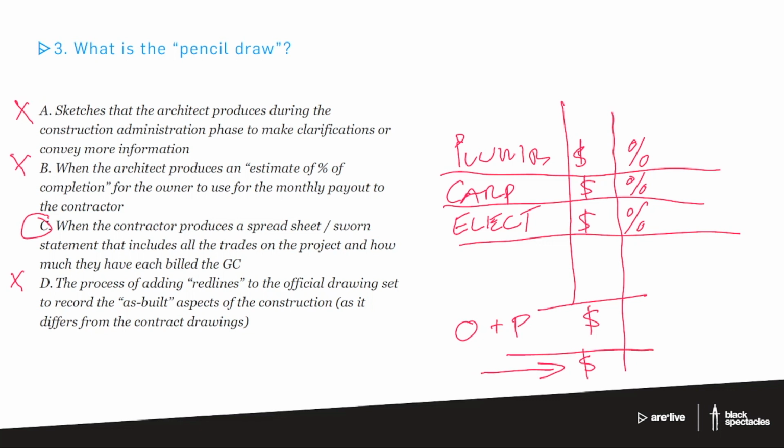The GC then takes that money and pays all of those individual tradespeople, and the retainage goes off to the escrow account in the bank somewhere. So pencil draw: produced by the contractor, reviewed by the architect, signed off by both contractor and architect, and then used once it becomes the final draw, not the pencil draw, by the owner to pay the GC, who then pays everybody.